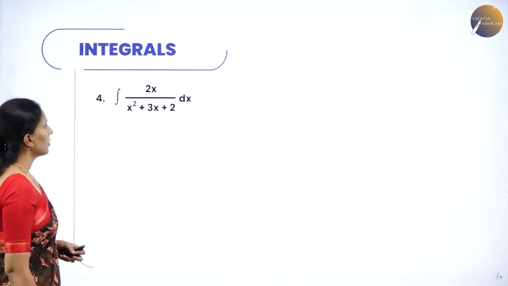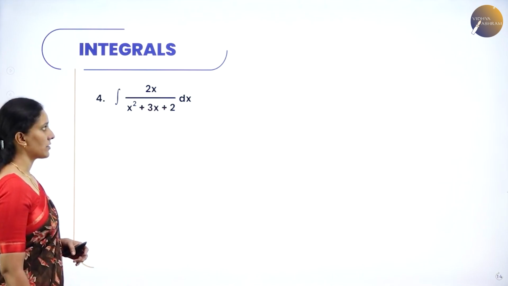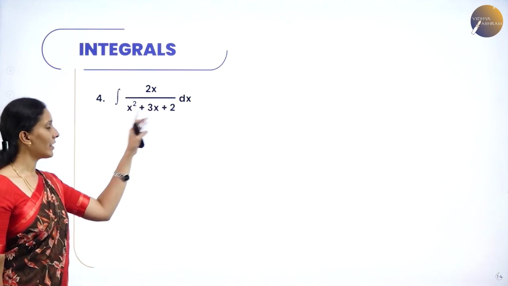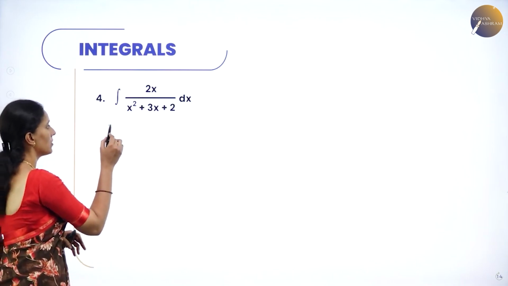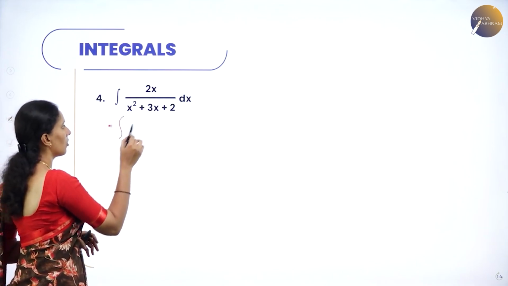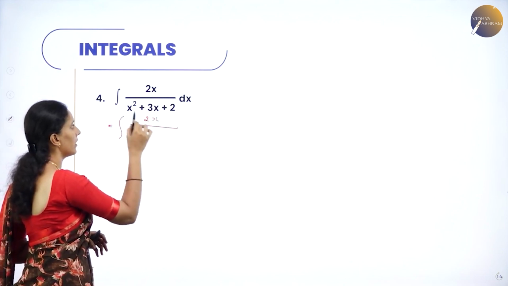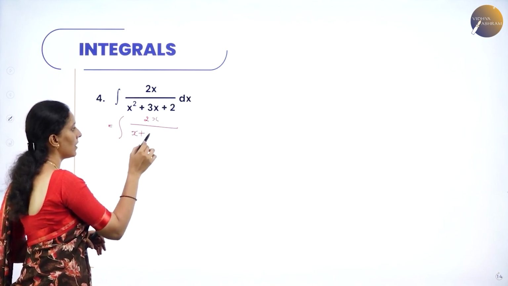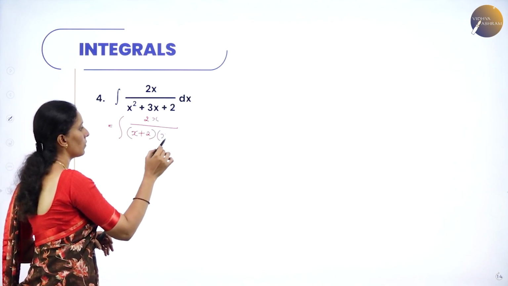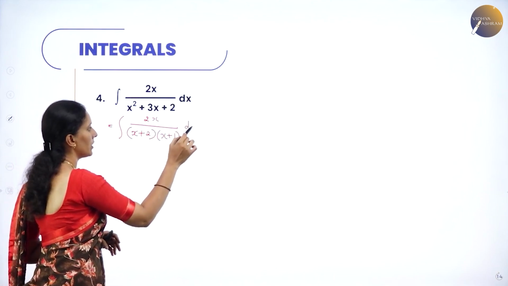Next one, integral of 2x divided by x square plus 3x plus 2. So whenever any quadratic expression is given, split into simple linear factors. So integral of 2x divided by x square plus 3x plus 2 can be written as (x plus 2)(x plus 1) dx.